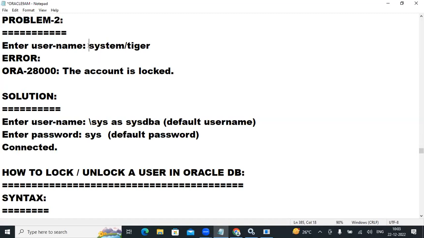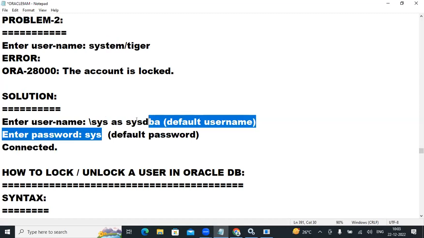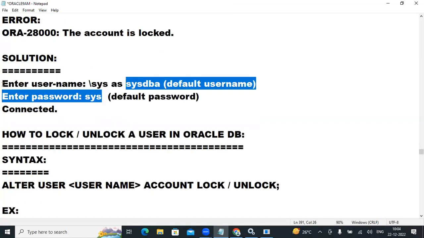That means you are not connecting to Oracle with the system user, nor with the sys database admin user. These both users are not connected to your Oracle. Then the only reason is you have to go for reinstallation. Other than that, there is no other solution. Okay, now what is the next problem?